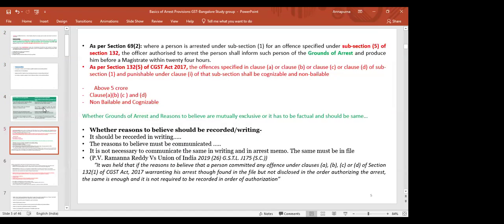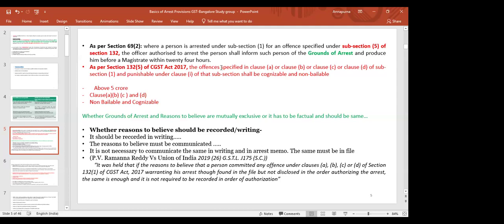Now next is 69(2), which refers to when a person is arrested under sub-section 1, that is, if a person is arrested based on the offenses under 132(1)(a), (b), (c), (d) and the offense specified under 132(5). What 132(5) says is that the offenses specified under clauses (a), (b), (c), (d) are punishable and are non-bailable offenses. So that is what has been referred to in 69(2) with reference to 132(5).